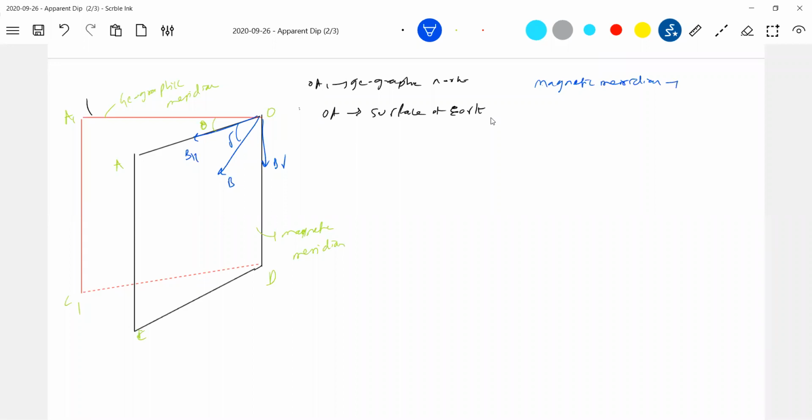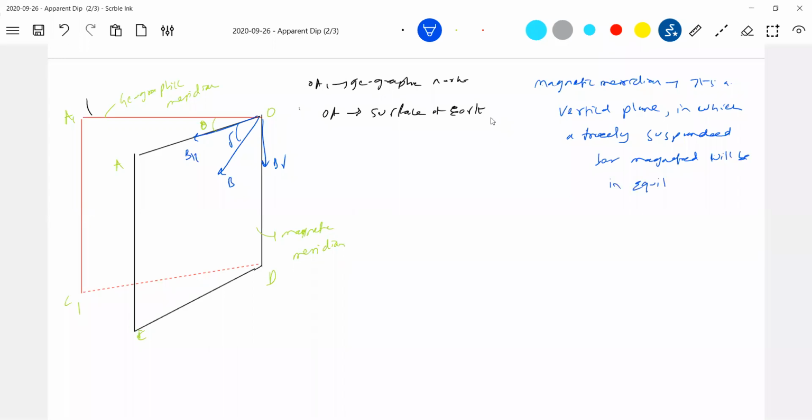What is a magnetic meridian? It's a vertical plane in which a freely suspended magnet will lie or will be in equilibrium.